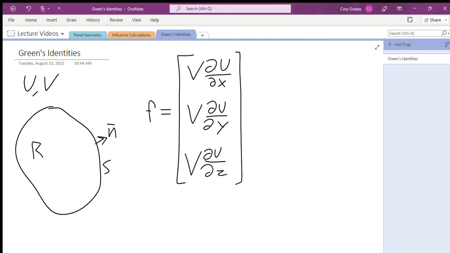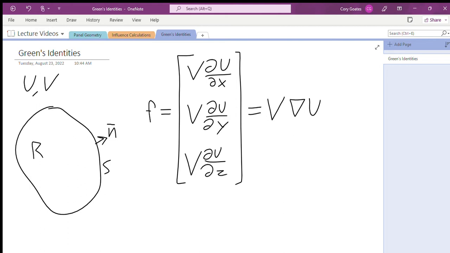Okay, and if you look at this, we can pull v out of the whole thing, and then what this vector is, is just the gradient of u. So we've got v times grad u. Okay, that's our vector field that we've defined.